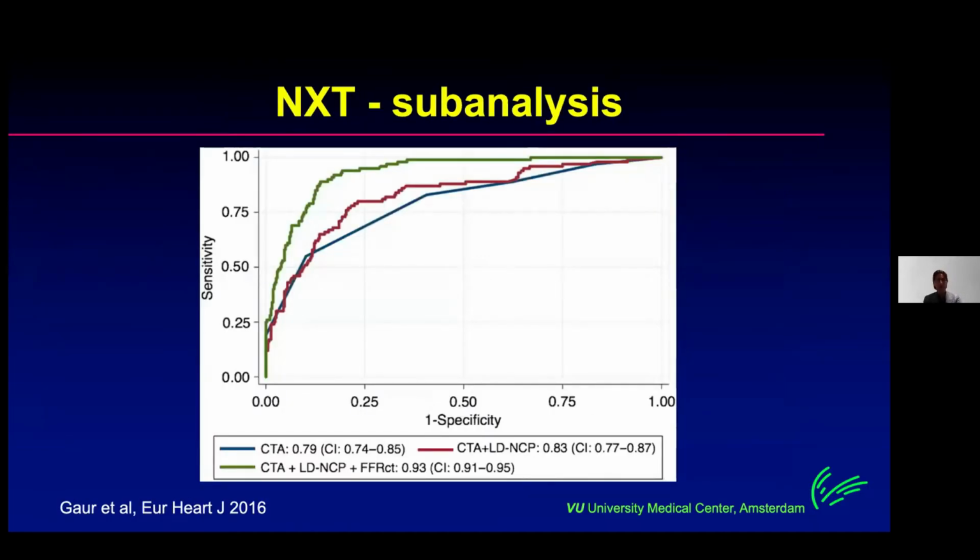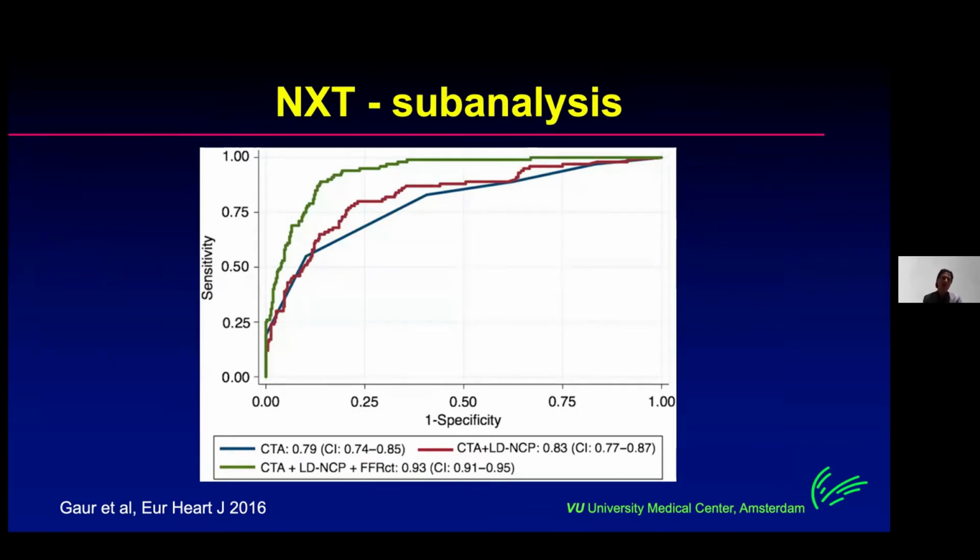And this is a very interesting study published in European Heart Journal, which is an NXT subanalysis, saying if you have the CT alone, but if you add all those plaque features, you can do a much better job in predicting what is going to be an ischemic lesion and which patients should be referred to the cath lab.